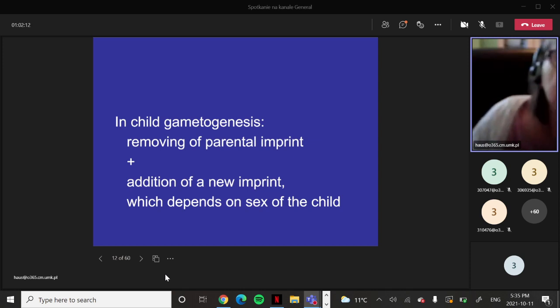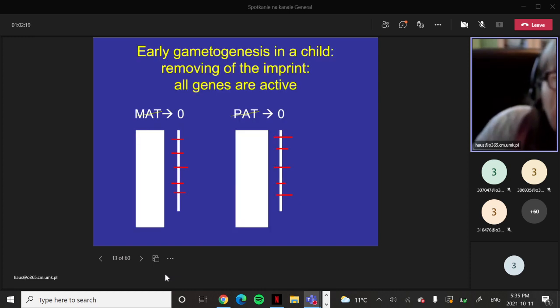So, in early gametogenesis, there is a removing of the parental imprinting of genes. So all genes become active.